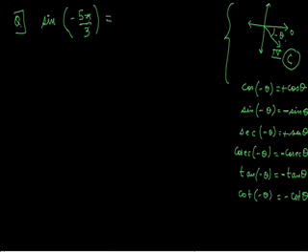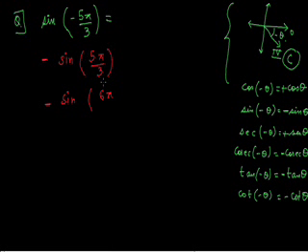So sine of minus theta can be written as minus sine theta. So it will become minus sine 5 pi by 3. Sine 5 pi by 3 can be written as, we can split the numerator 5 pi as 6 pi minus pi. And why have I split it like this?